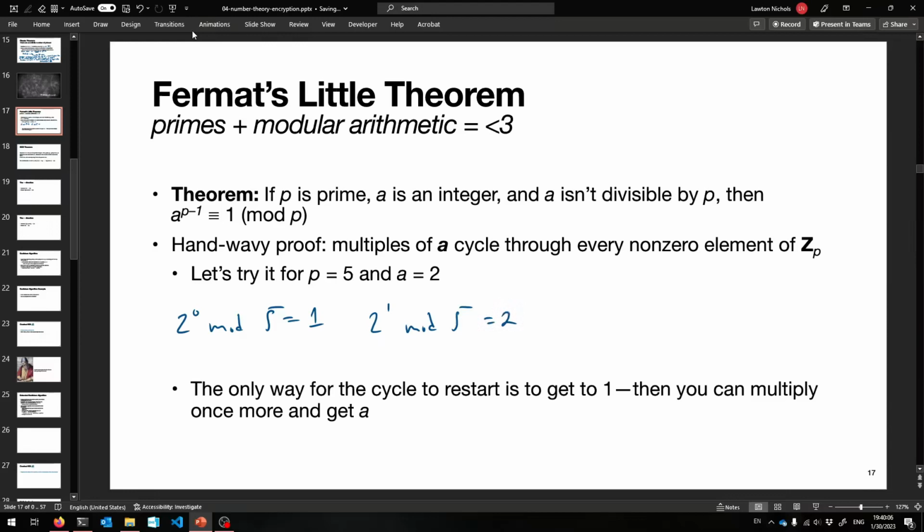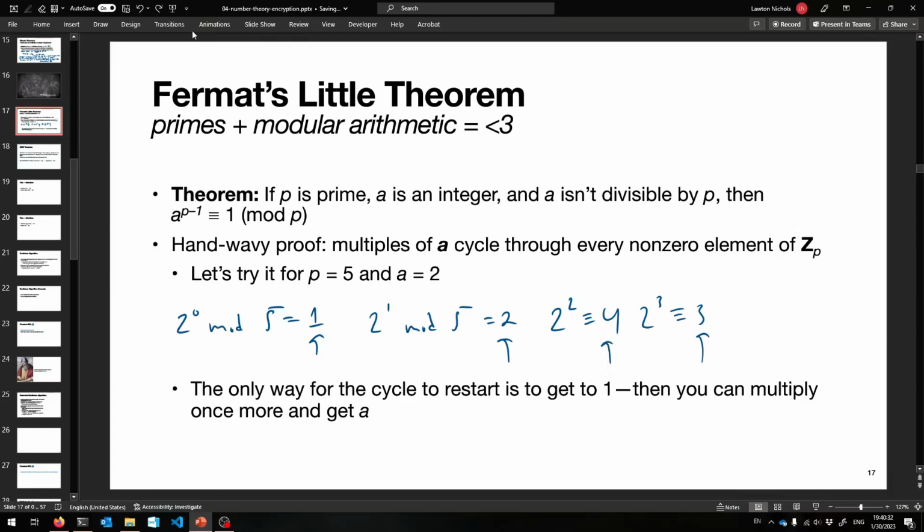If you do 2 to the 2 mod 5, that is congruent to 4, right? I'll just use the congruent sign now. 2 cubed mod 5 again. That's 8 mod 5. That's 3. Somehow I've gone to every non-zero number. I've gotten to 1, 2, 3, and 4 of mod 5 land, of Z_5.